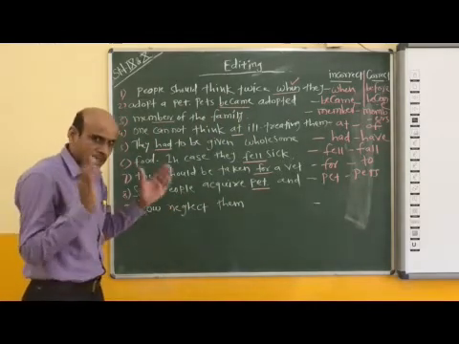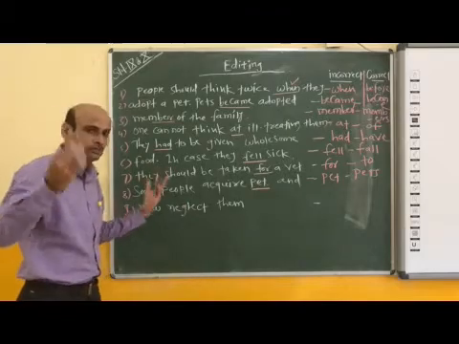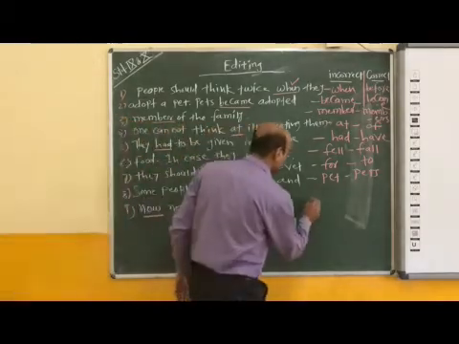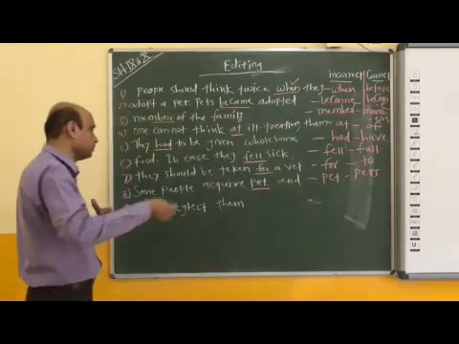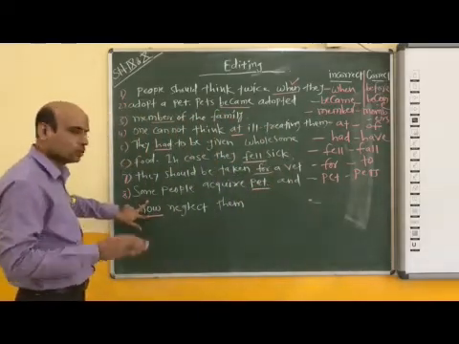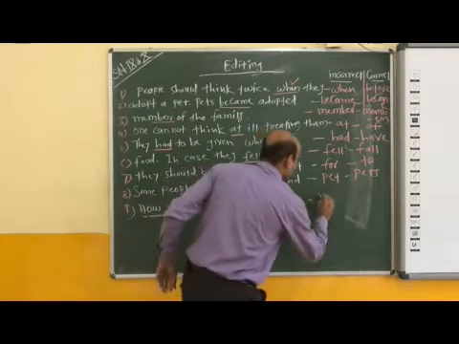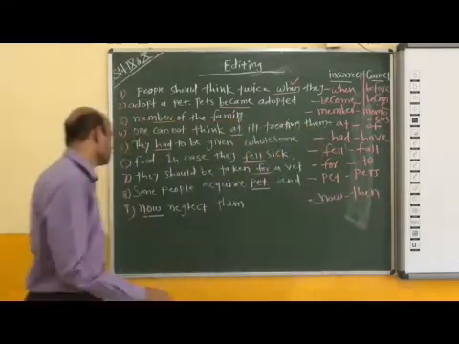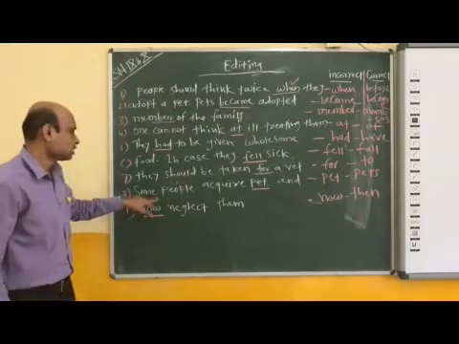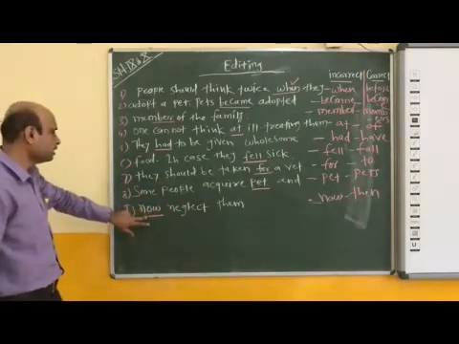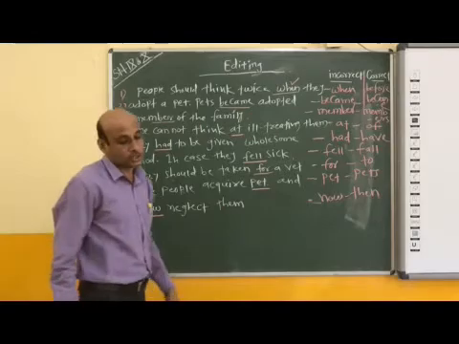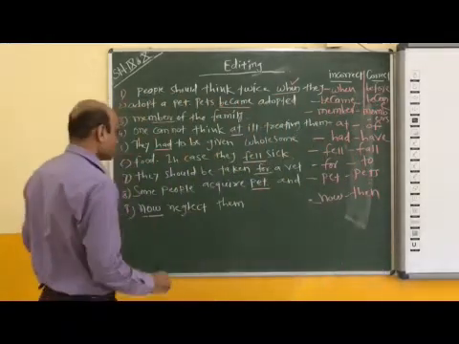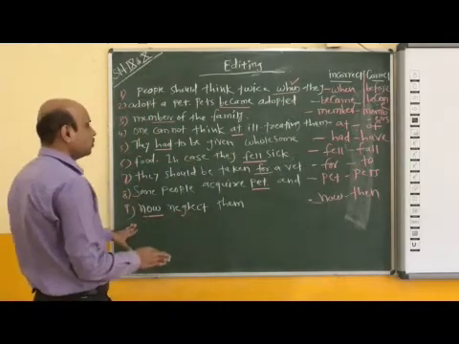It doesn't make any sense, so instead of this word we have to use "then". Instead of "now", "then". Some people acquire pets and then neglect them. In this way we have done it.